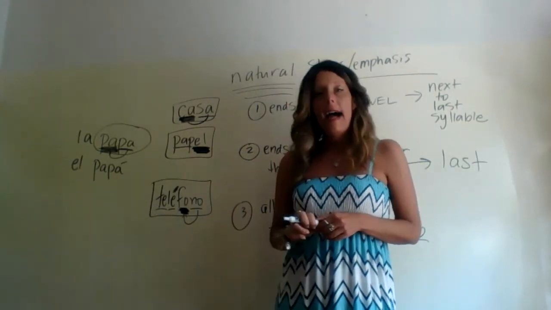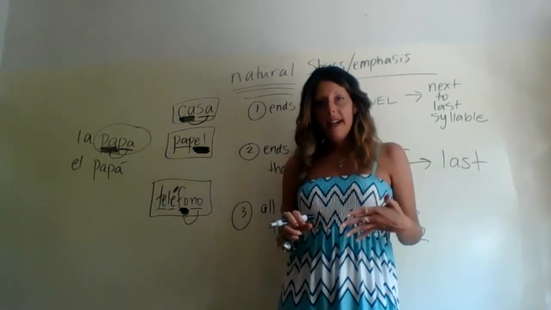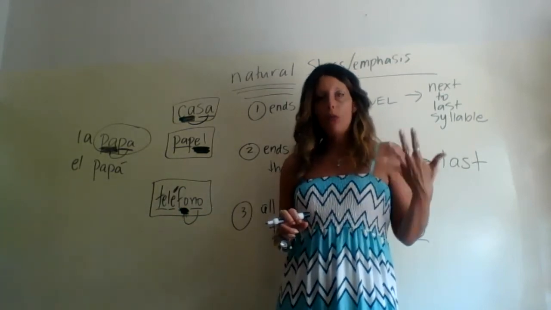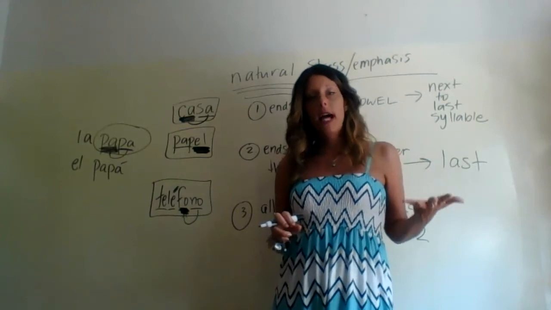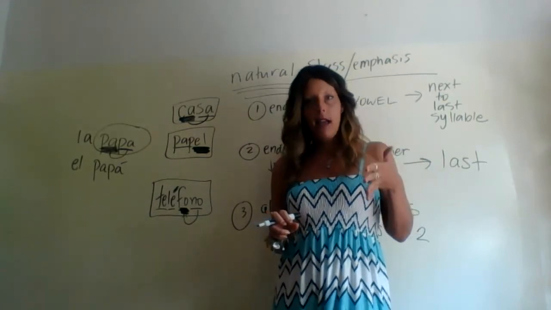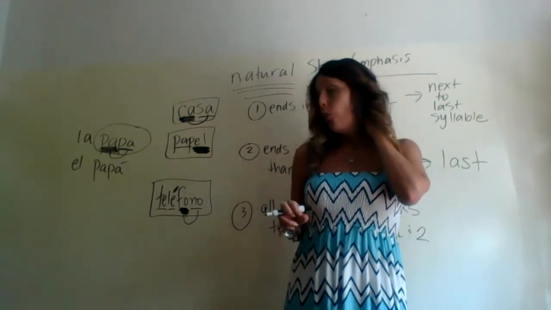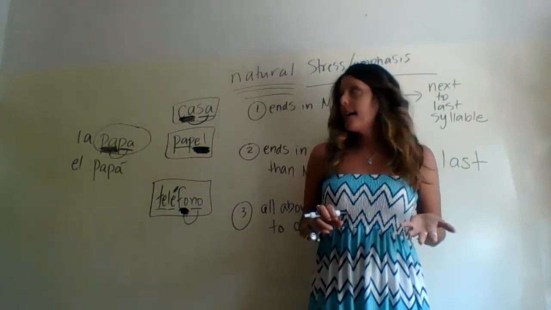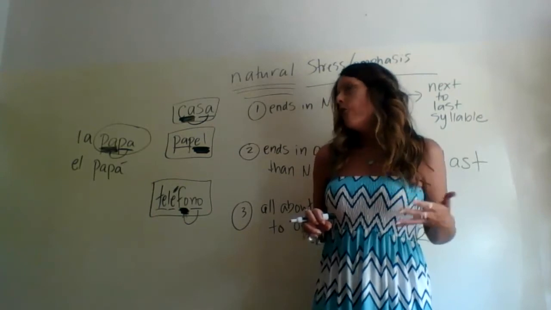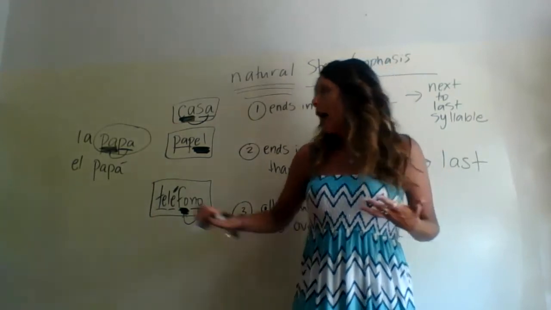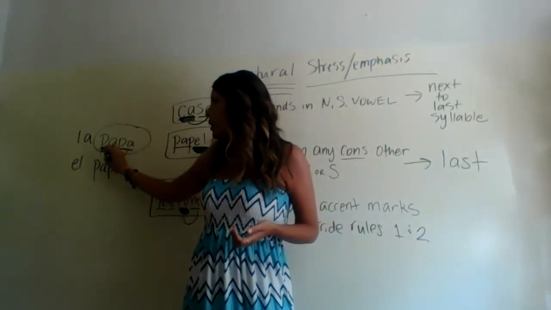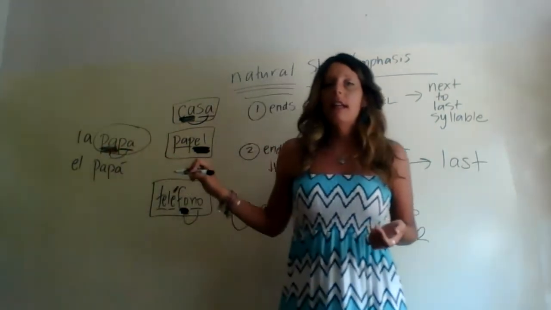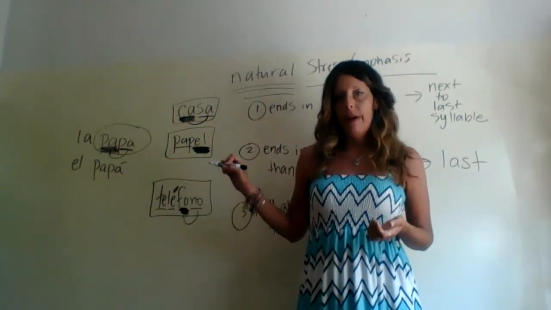we can see that that accent mark overrides the natural rule number 1, because when that word P-A-P-A was spelled with no written accent mark, it fell naturally under rule number 1, and the accent or the stress or the emphasis in our voice happened to fall, because of rule number 1, on the next to last syllable, "papa".